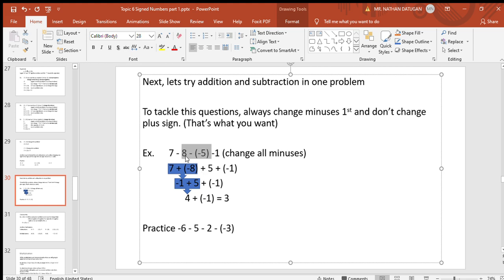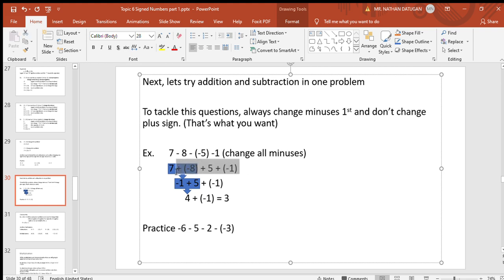Again, recall that 8 already turned to negative 8, so we only need to deal with minus negative 5. Minus changes to plus, the opposite of negative 5 is positive 5. Last problem, minus changes to plus, and the opposite of positive 1 is negative 1.